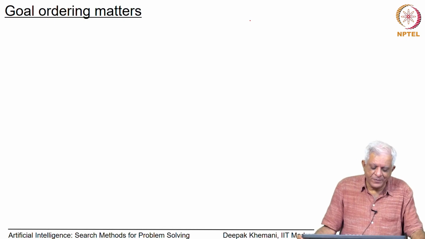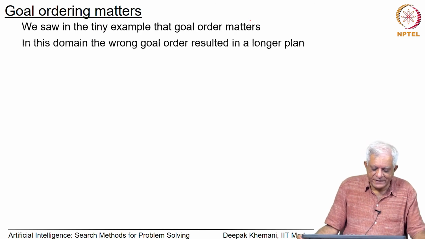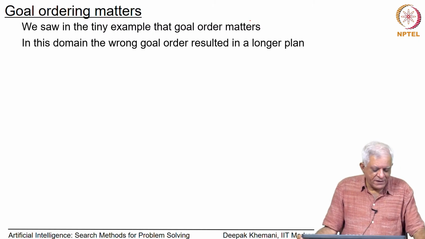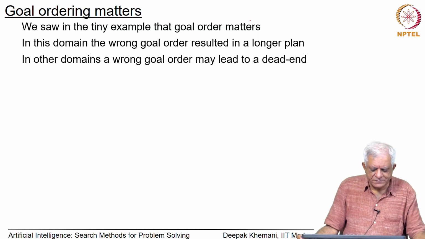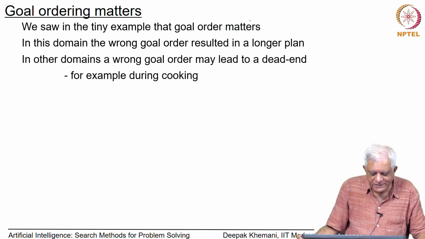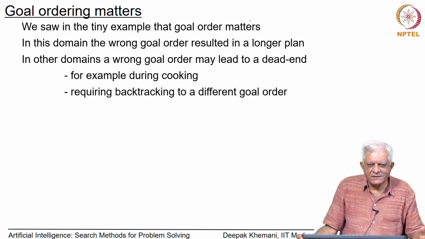It is indeed important. We saw that in a tiny example that this is true, and in this domain the wrong goal order that we just finished only resulted in a longer plan, but in other domains wrong goal order may lead to a dead end. For example, if you are doing cooking, then you have to do certain things in certain order.